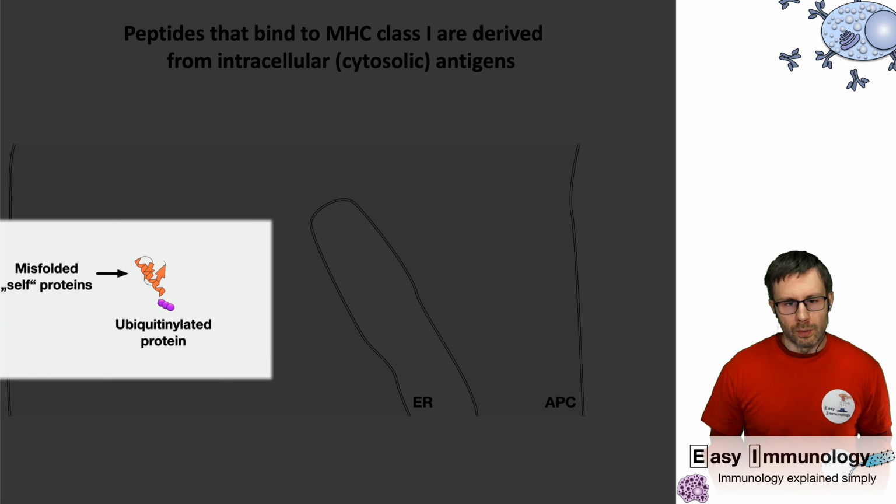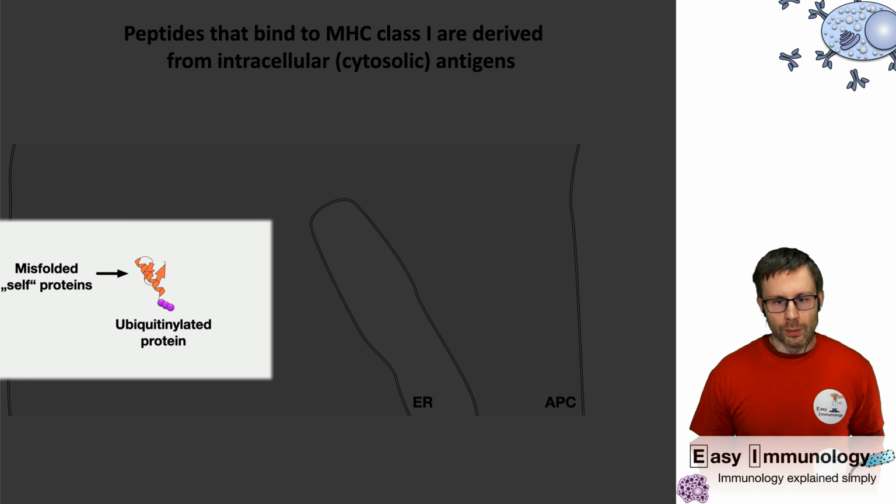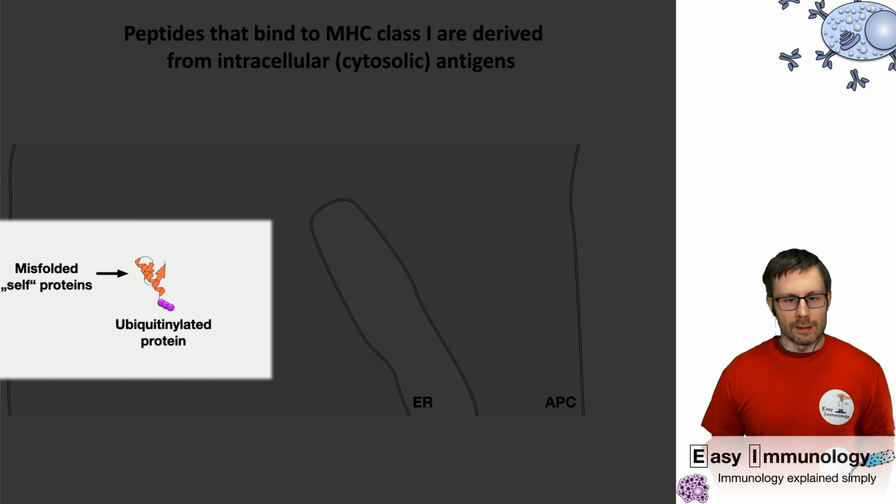Around 30% of all proteins are defective from the start because they do not find the right folding. And these old, damaged, used, or misfolded proteins have to be degraded. And this is done by a system that is called ubiquitinylation. So there is a ubiquitin tag added to these proteins that should be degraded.